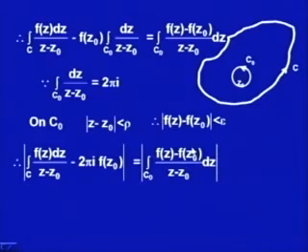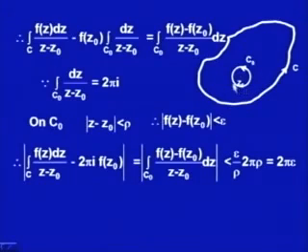Here I am going to use the ML inequality, since |f(z) minus f(z naught)| is less than epsilon on the whole of this contour C naught. So I write that this is less than epsilon, and |z minus z naught| is less than rho. So the whole thing is less than epsilon upon rho, times the length of this contour, which is what the ML inequality says: less than M times the length of the contour.